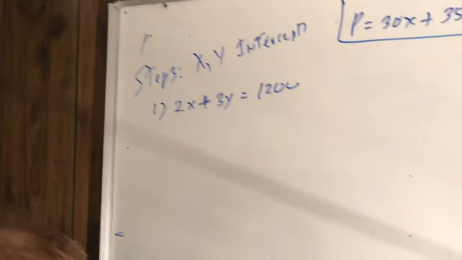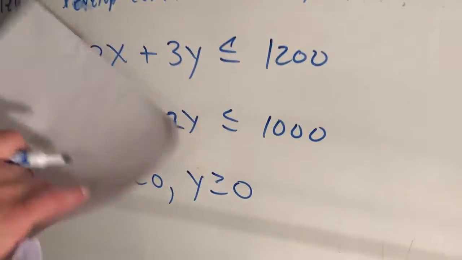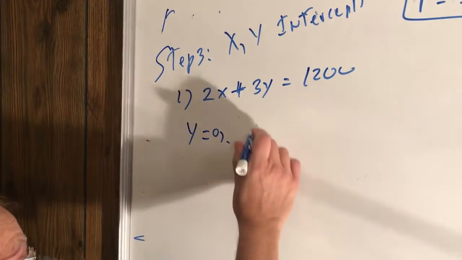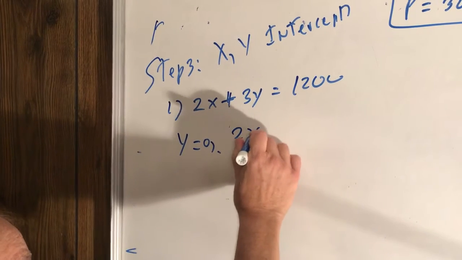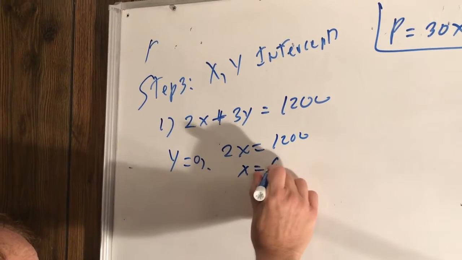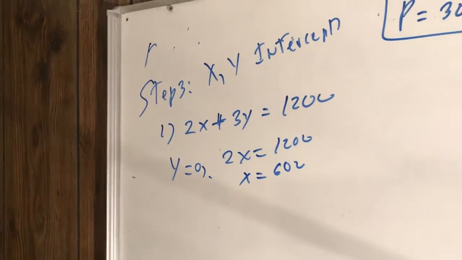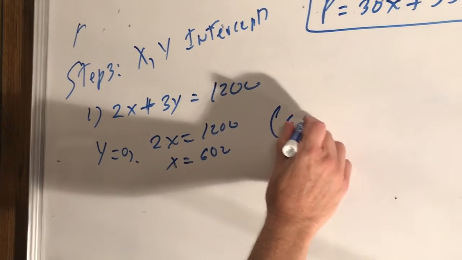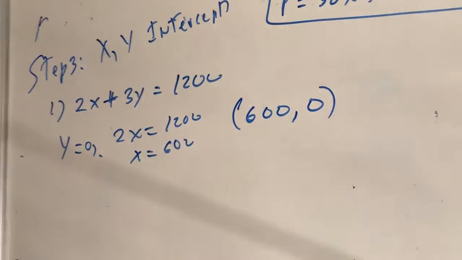Okay, so I am on page 5 now, and y equals 0, so 2x equals 1200. And x equals 600. All right, so that point is going to be 600 and 0.